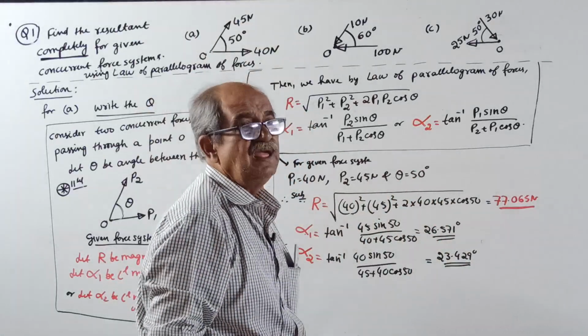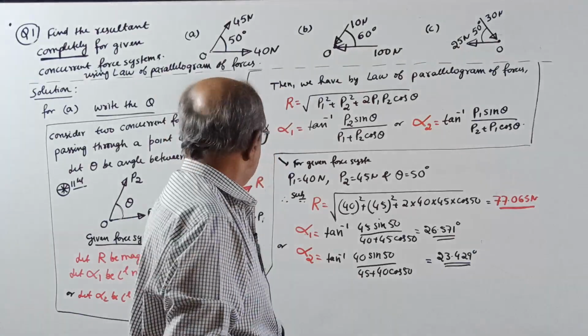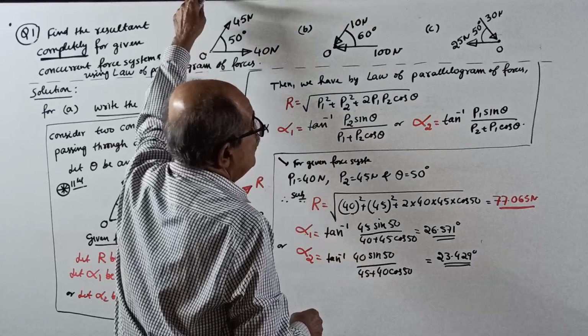Now lastly, you show the resultant systematically. How is the resultant? For that I want some space here.